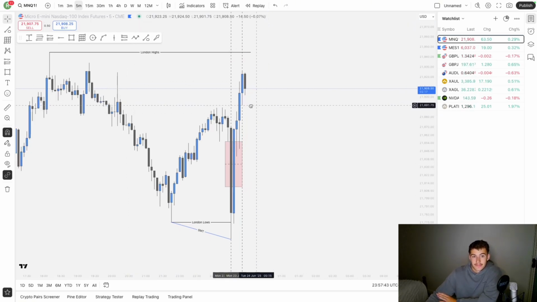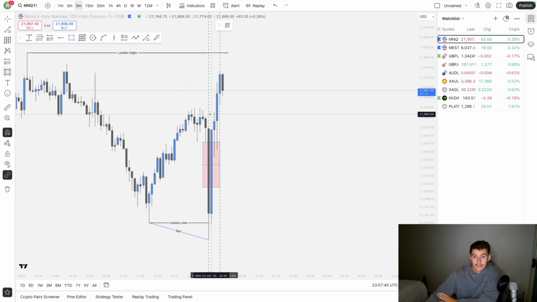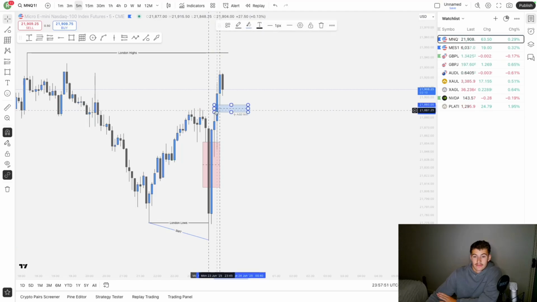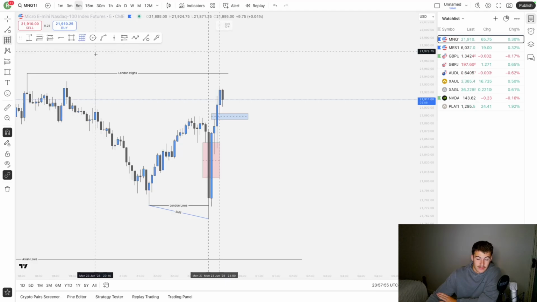Okay, little legs down here. Do have this 5-minute imbalance. For me to take a trade, I'd like to see a 15-minute retracement.